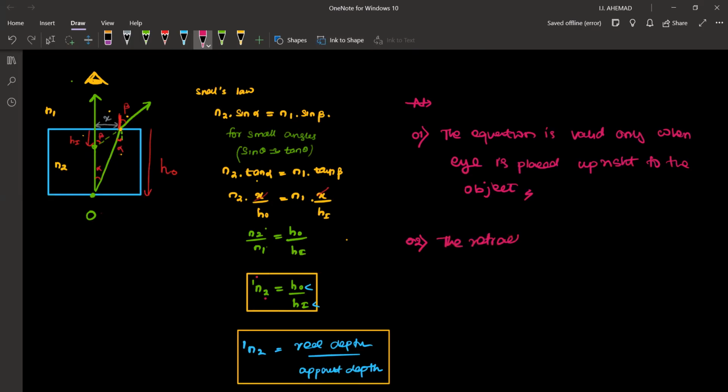The refractive index n is taken with respect to the medium where the I is placed. Because we have placed it in medium n1, we are getting n2 with respect to n1. So we always have to use the refractive index with respect to the medium where the I is placed.